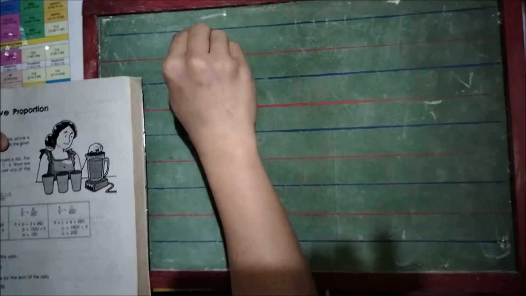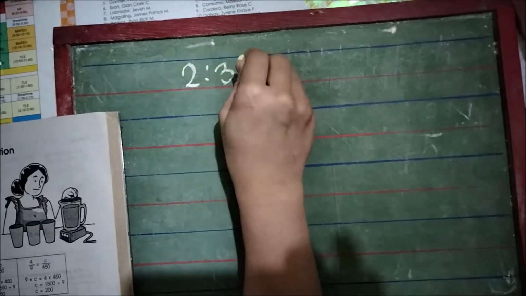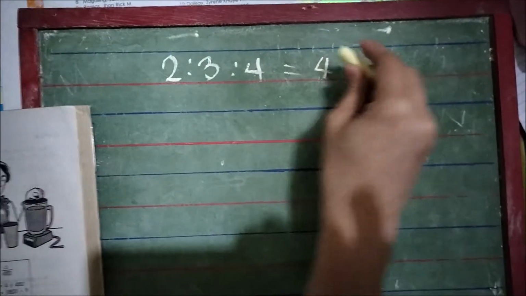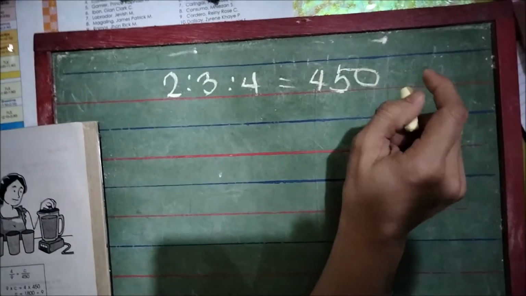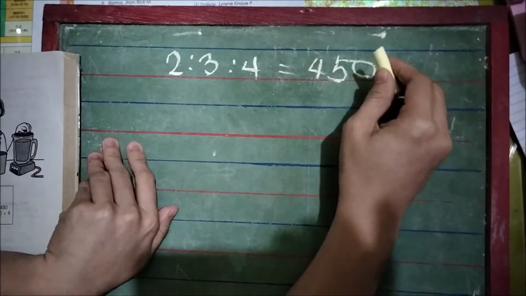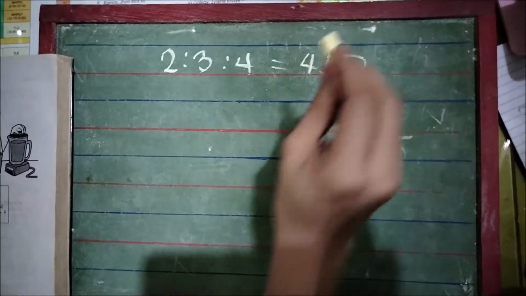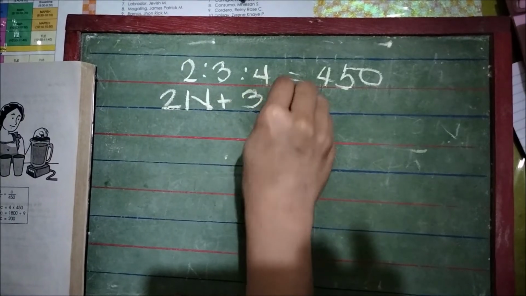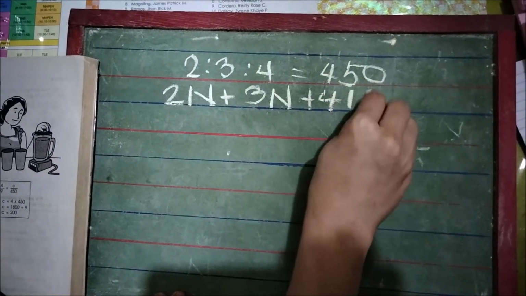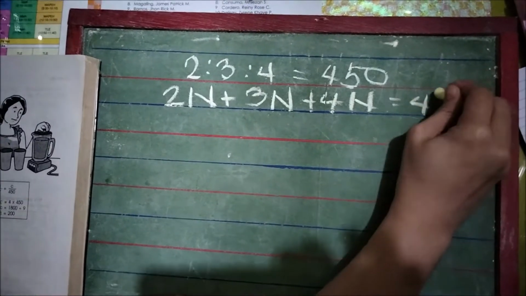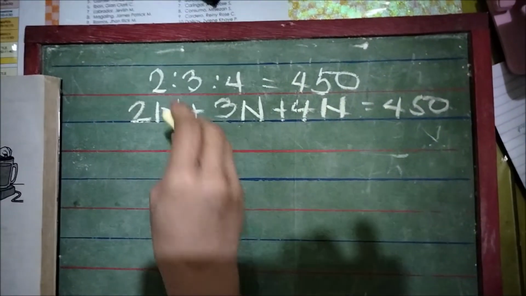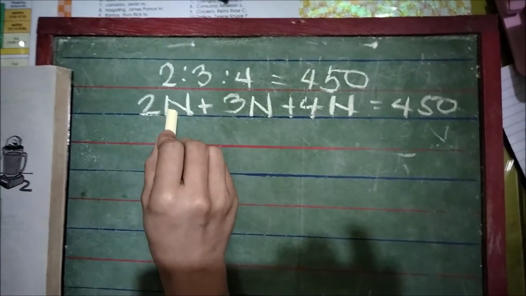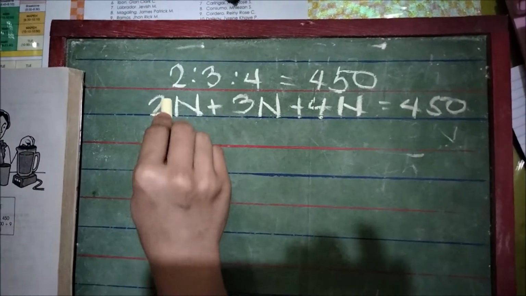So the given is 2 is to 3 is to 4. We have here 450. But how are we going to get it to be equal to 450? Let us represent a missing variable by letter n. So we have here 2n plus 3n plus 4n will be equal to 450. So based on your previous lessons, a number beside a variable pertains to operation of multiplication.